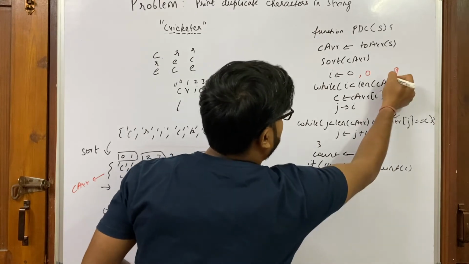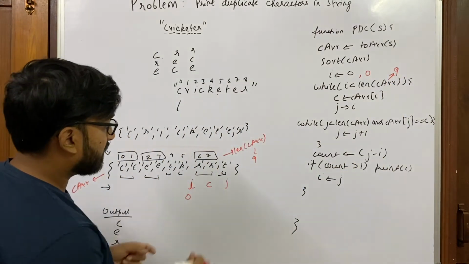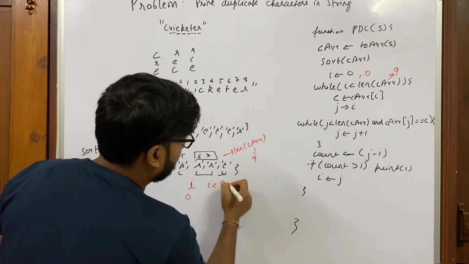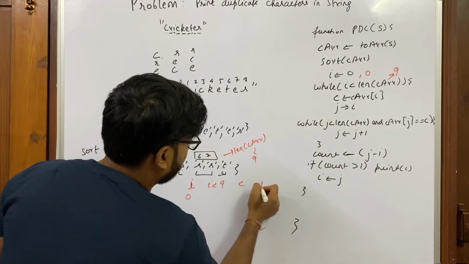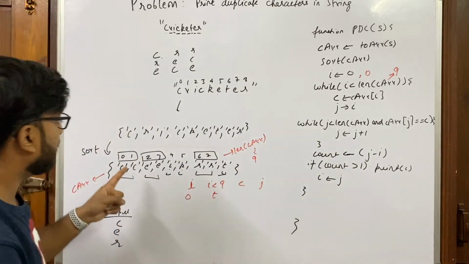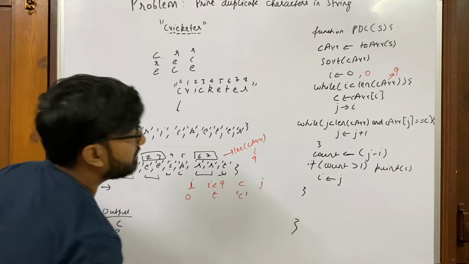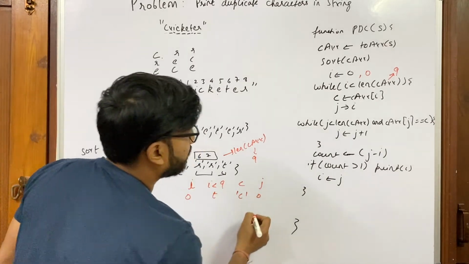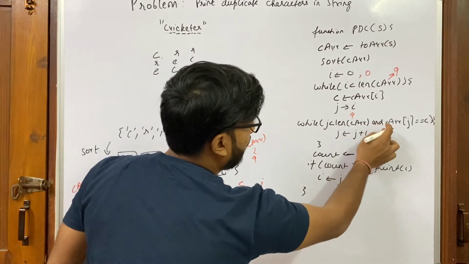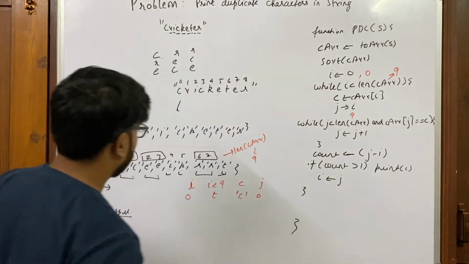Okay, 0 is less than 9, so the condition is true. C is CARR of I, single character C, J is I, J is 0. You come down here, 0 is less than 9, true, and CARR of J is C.